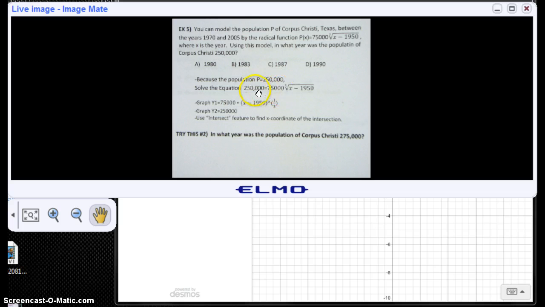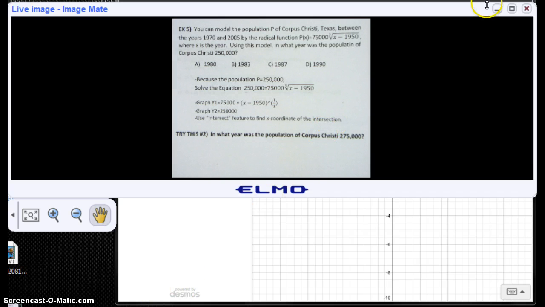Which side you set up as y1 and y2 does not really matter. Once you graph that, you're gonna have two graphs, y1 and y2, and then you're gonna use the intersect feature to find the x coordinate of the intersection, and that will give you the answer in our case.